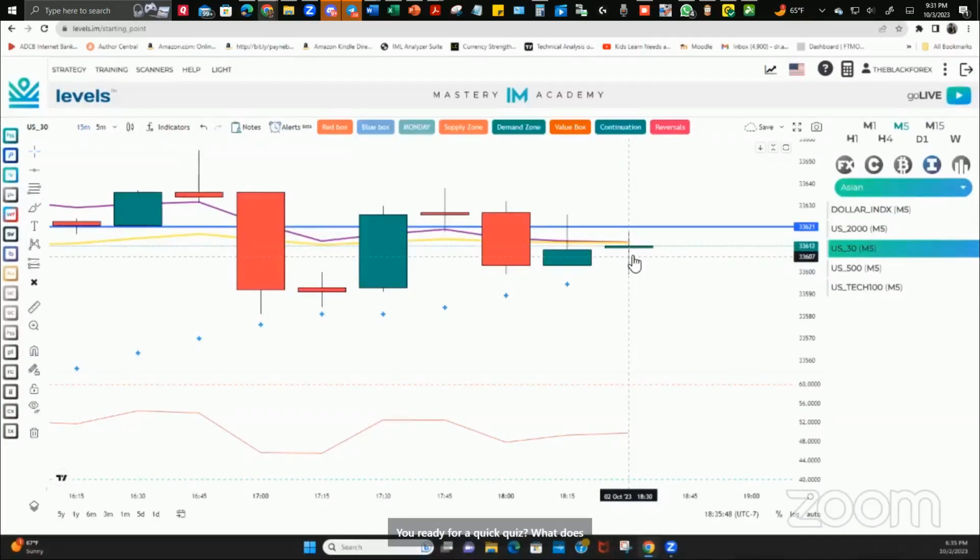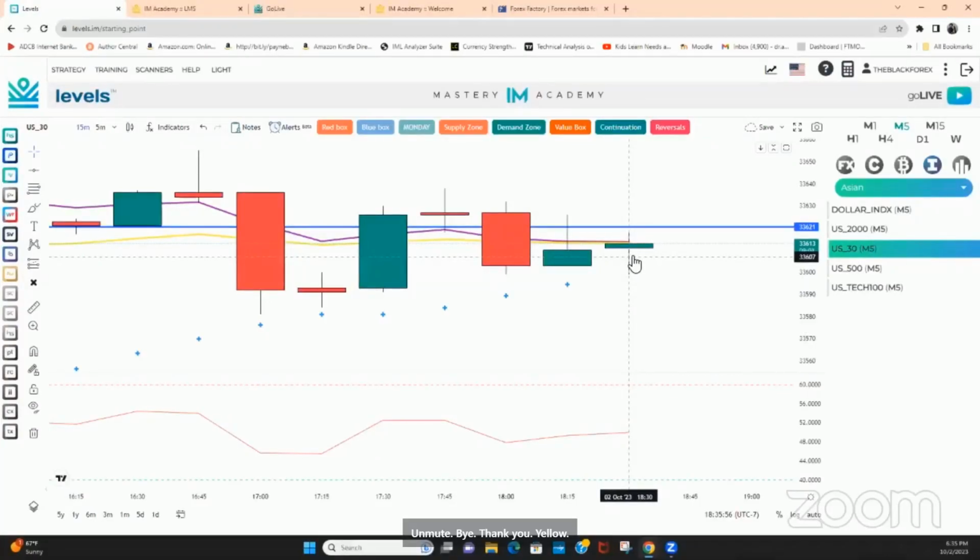You ready for a quick quiz? What does the purple line mean? Quickly, unmute. Yellow on top. Sale. Plus sign in your direction. Hold up, stop, wait.